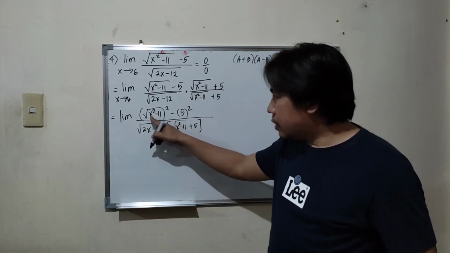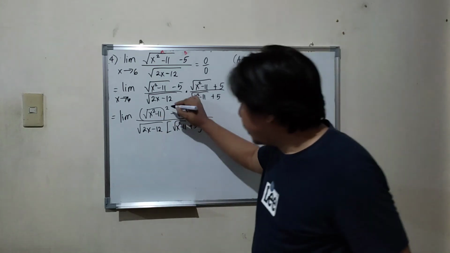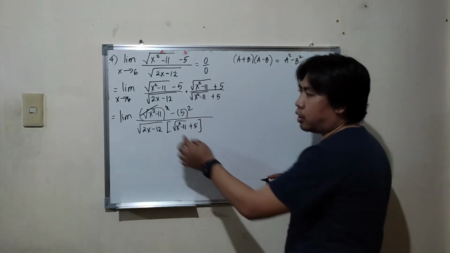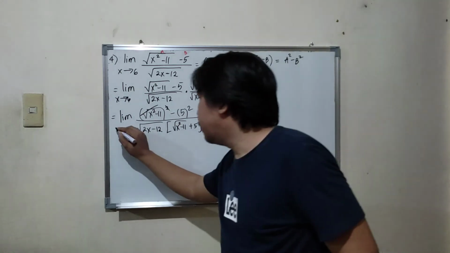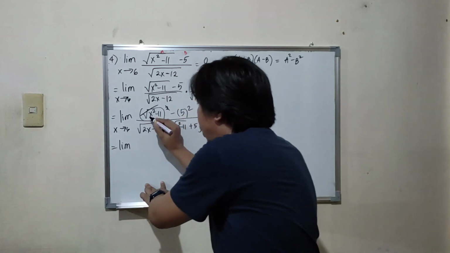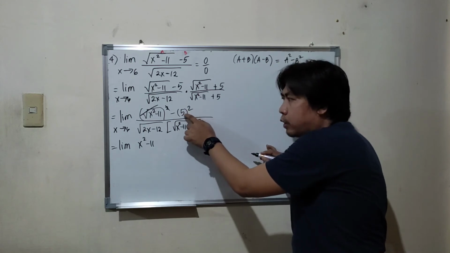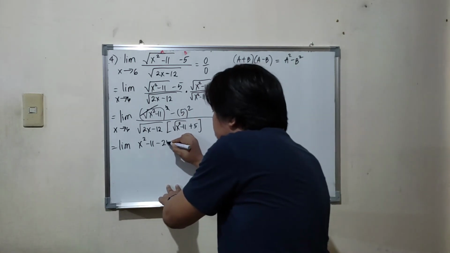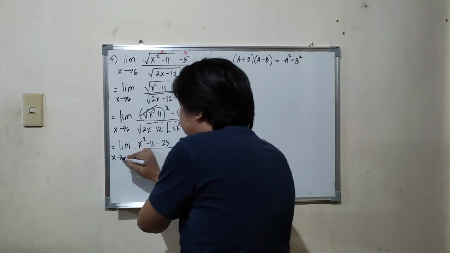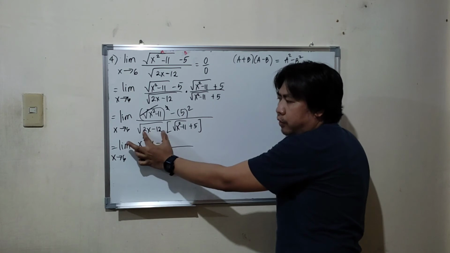The radicand x squared minus 11 is squared, so we can cancel the square and the square root since they are inverse operations. What remains is x squared minus 11 for the numerator, as x approaches 6. We have the limit of x squared minus 11, minus 5 squared, which is 5 times 5, that is 25, over, so let us simplify the denominator. We can factor out 2 for this term.